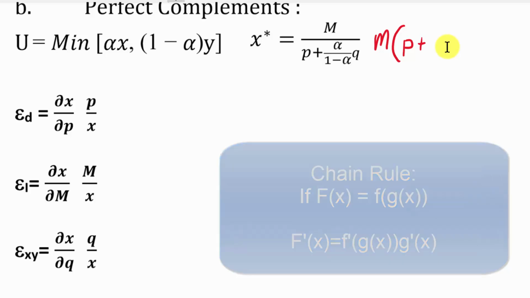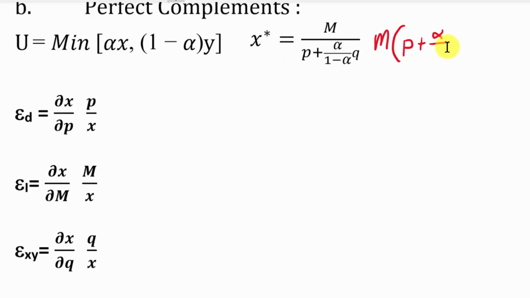Let's think about, instead of putting that in the denominator, let's write it this way: alpha over 1 minus alpha times q to the minus 1 power. The chain rule says if you have a function involving the variable you want to take the derivative with respect to, then the function here is just raising this inside part to the minus 1 power.